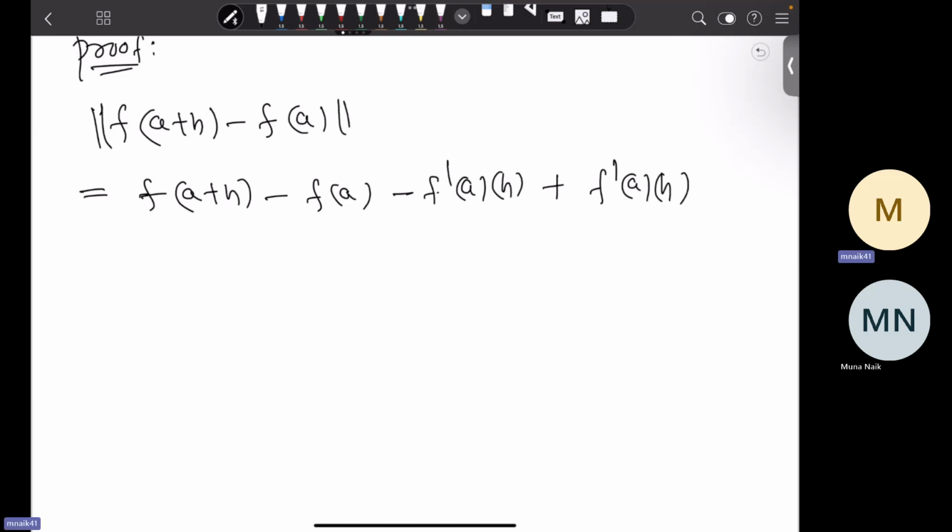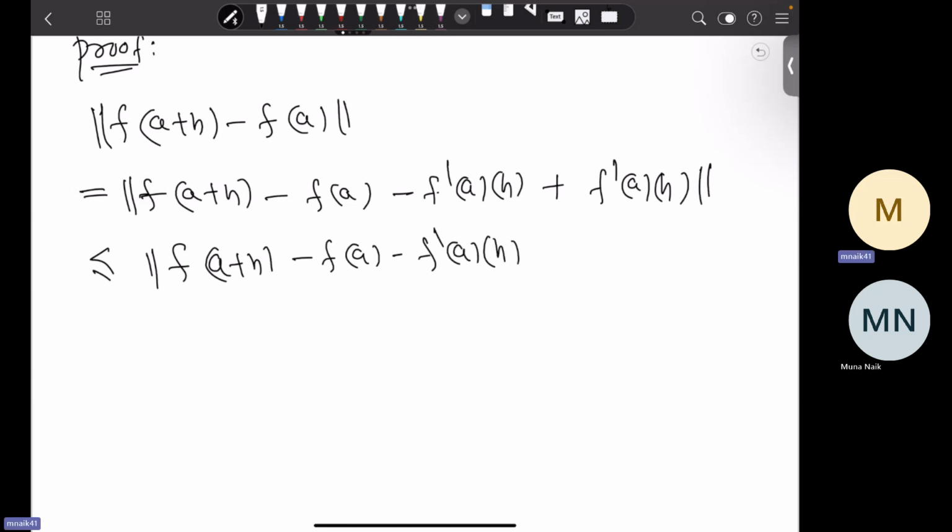This will be less than or equal to the norm of f(a+h) minus f(a) minus f prime(a)h, applying the triangle inequality, plus the norm of f prime(a)h.